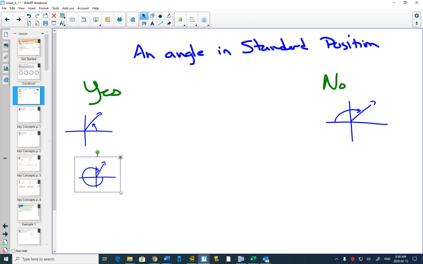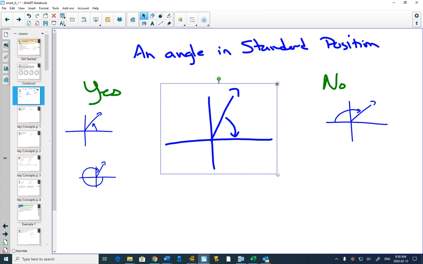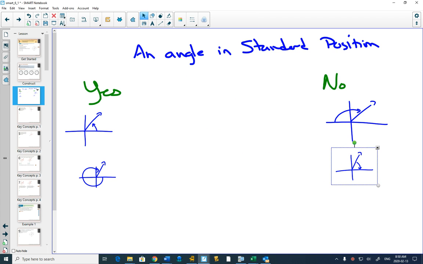So you start thinking, oh, maybe they're in standard position if they end in quadrant 1. So then I go, oh, that's the same one. That's a bad example. Oh, here we go. This one in quadrant 1 is not in standard position.